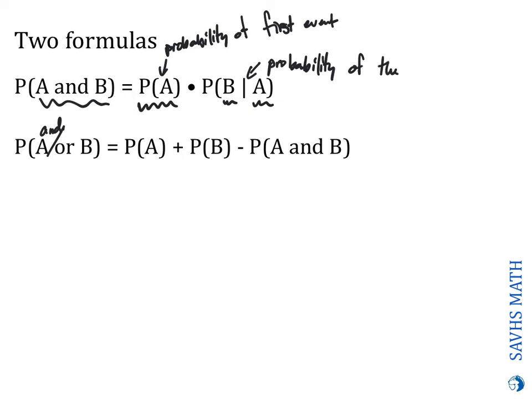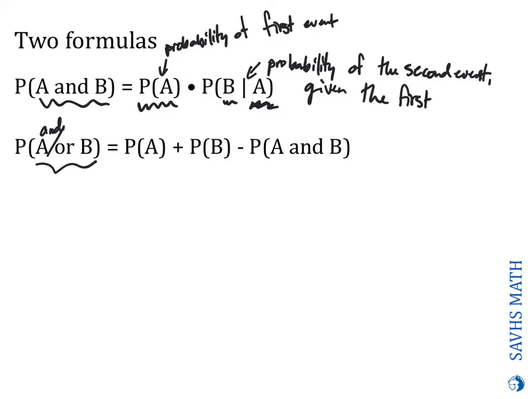I misspelled this, second event given the first. So we know that A has happened now. So what's the probability that B happens in that case?